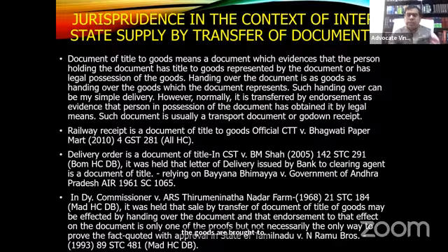Then again he dispatches it to C. So he instructs the supplier or the transporter to hand over the documents to C along with the goods. This is called the sale of the goods by transfer of document of title to the goods.